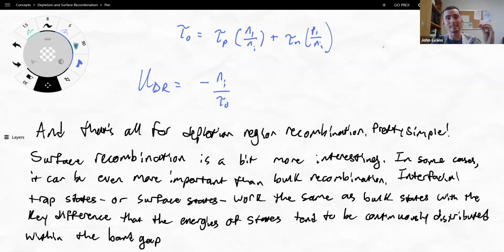So instead of there being like a single trap state in the bulk, where let's say it's an atom that's missing, we have that missing atom, but maybe we have it periodically. And so there's going to be a density of states, but all of those states are going to have the same energy. Here, for the surfaces, they're actually all going to have different energies. So they can be distributed all the way through that band. They aren't necessarily the same energy.